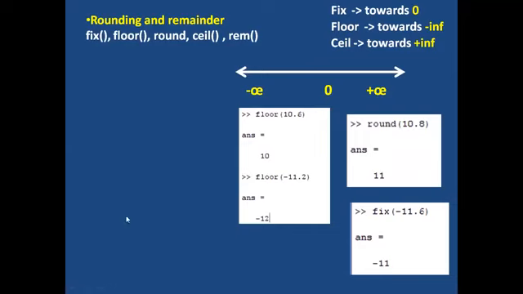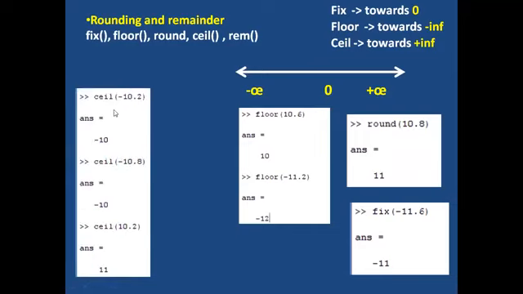And round, I already told you. And ceil. Ceil will move towards plus infinity. Ceil of minus 10.2: 0, minus 10, minus 10.2, and then minus 11. Moving towards plus infinity, you will get minus 10. And then ceil of minus 10.8: minus 10, minus 10.8, minus 11.